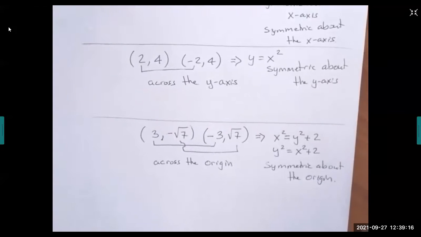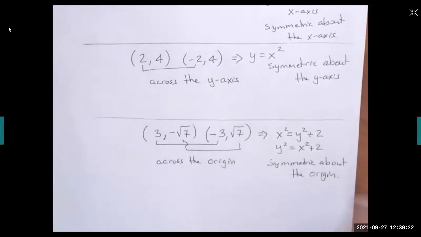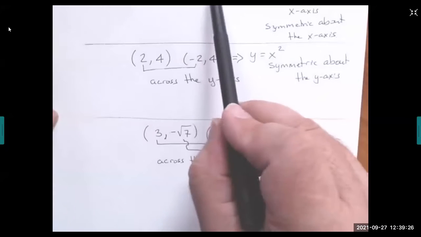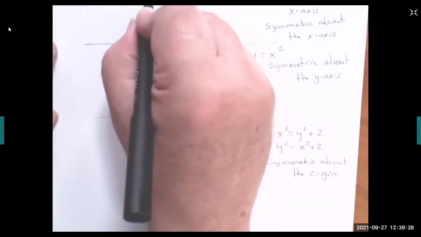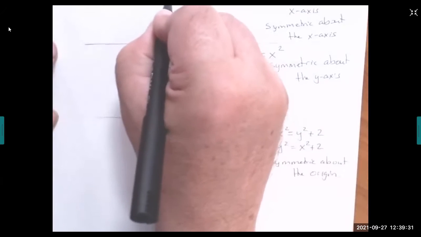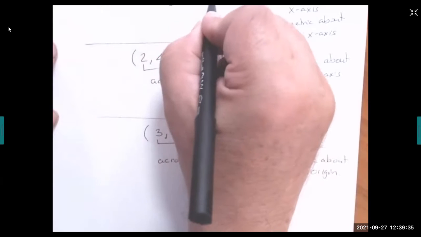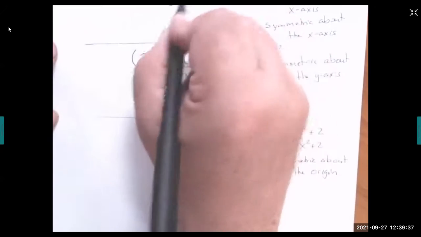So when it comes to symmetry, what do we notice changes? If it's across the x-axis, the y value changes signs.